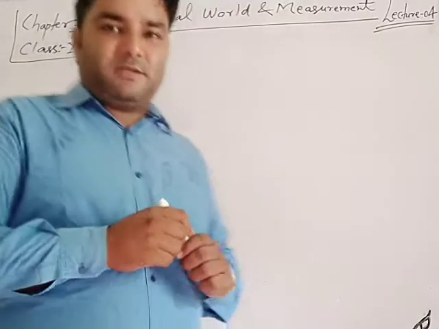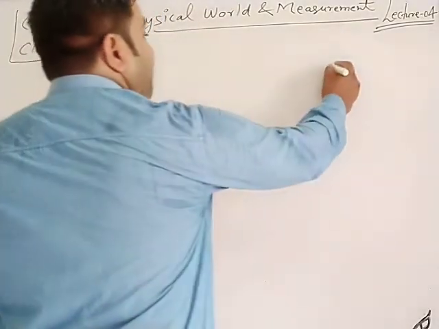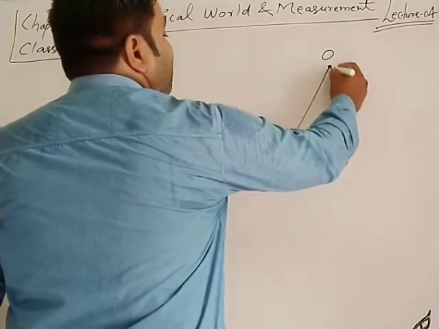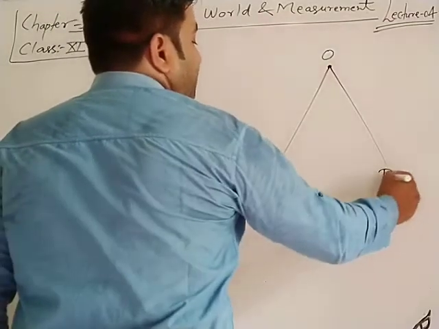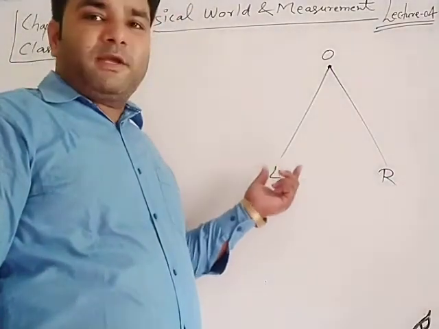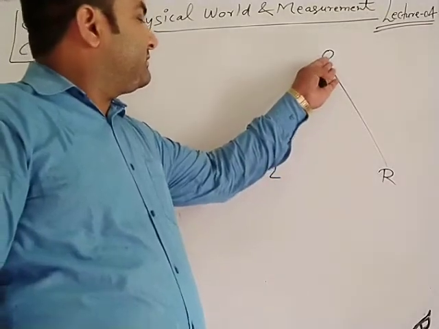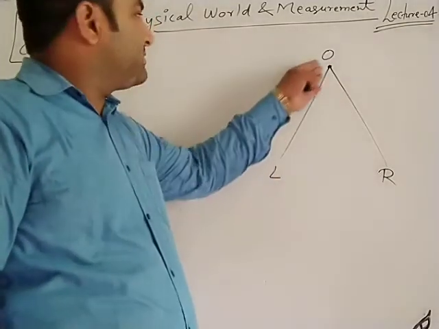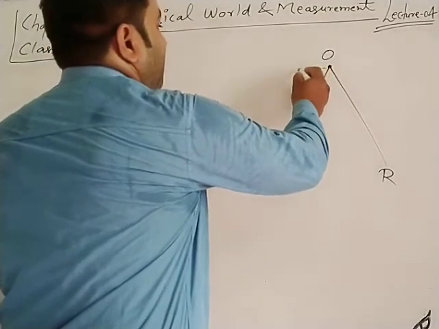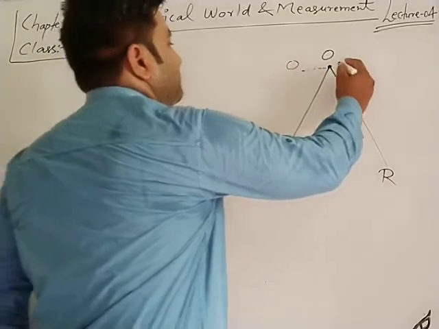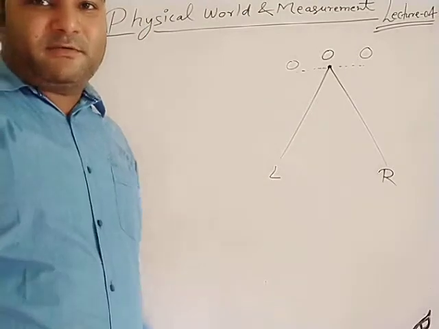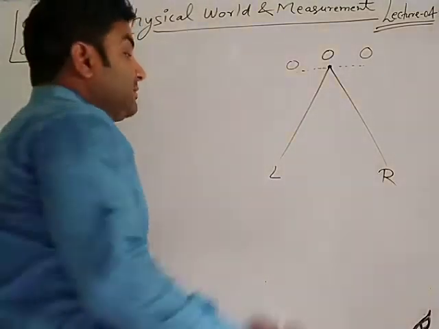And what is the concept of parallax? Suppose this is the position of the eye, the object at O, and this is the left eye and this is the right eye. When we close one eye, suppose closing the left eye, then this one shifts towards left, and when we close the right eye, then this one shifts towards right. The shift in position of any object with respect to background is defined as parallax.